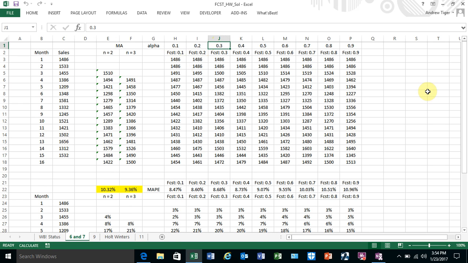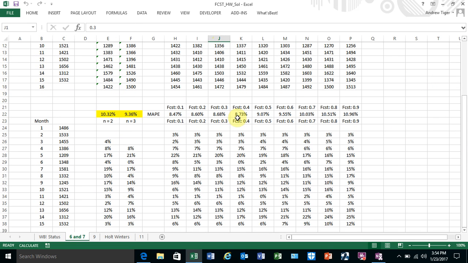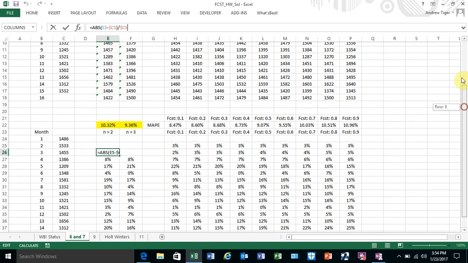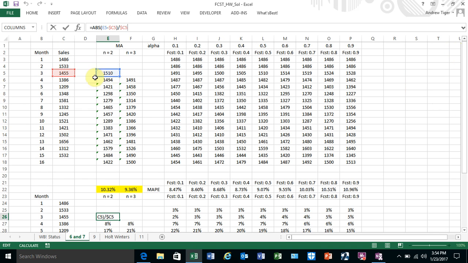Once I've done this, I now go calculate my forecast accuracy. So down here, how I calculate forecast accuracy is to first of all take the absolute value of the difference between the forecast and what really happened, the actual, divided by what really happened, and show that as a percent.